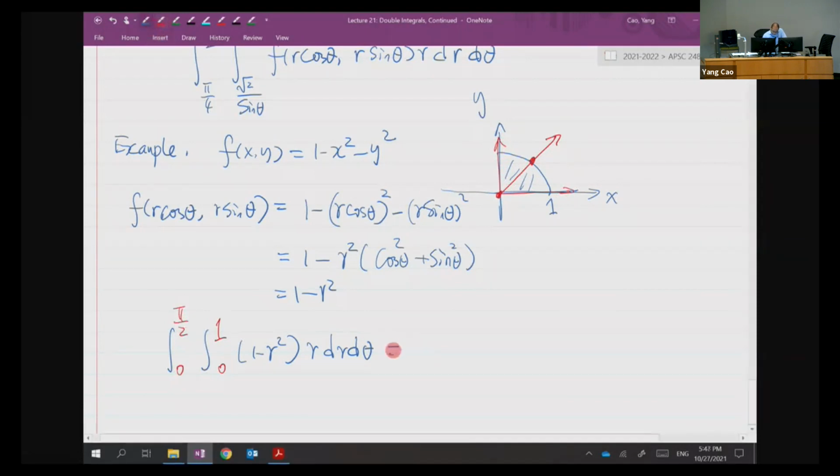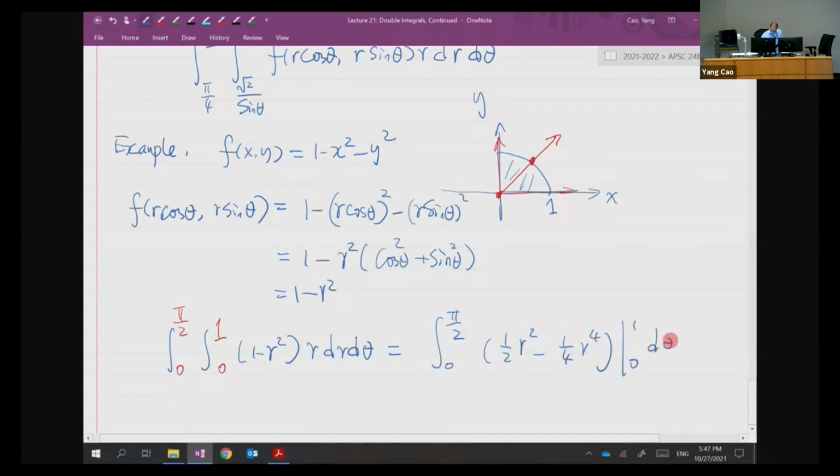So now let's calculate the integral. When you look at this integral, I think it's much less complicated to calculate than the previous one, which involves square roots, cube terms, square terms, right? Yeah. So for this one here, you can calculate the internal r integral. We get 1 over 2 r squared minus 1 over 4 r to the power 4.